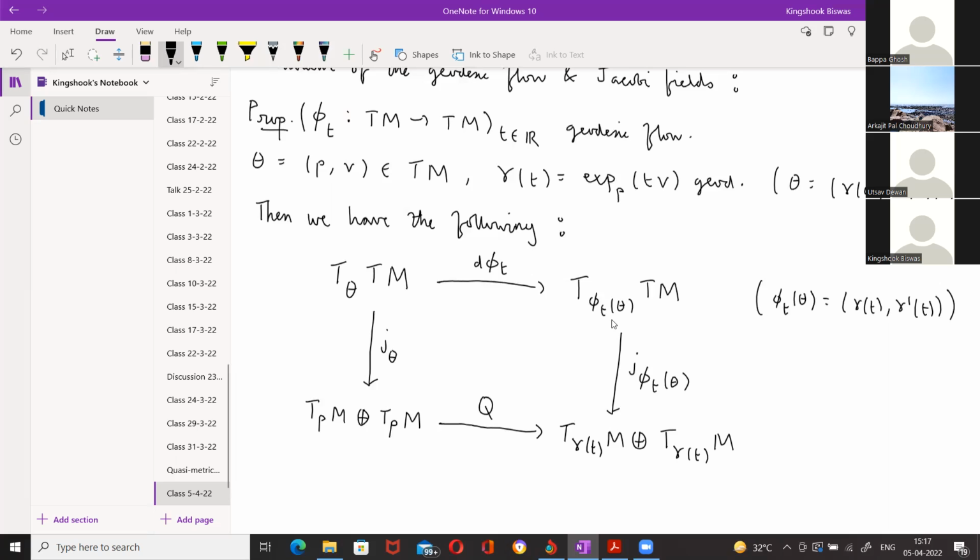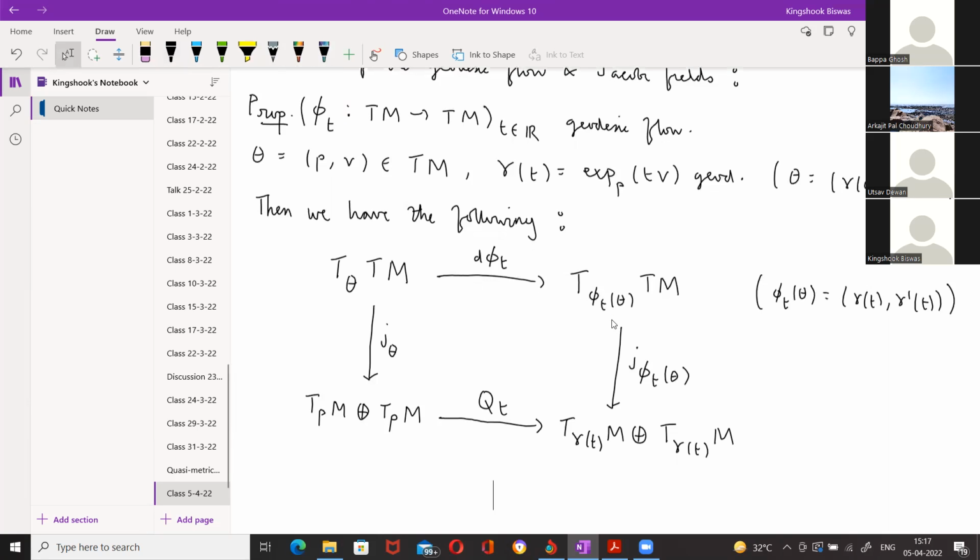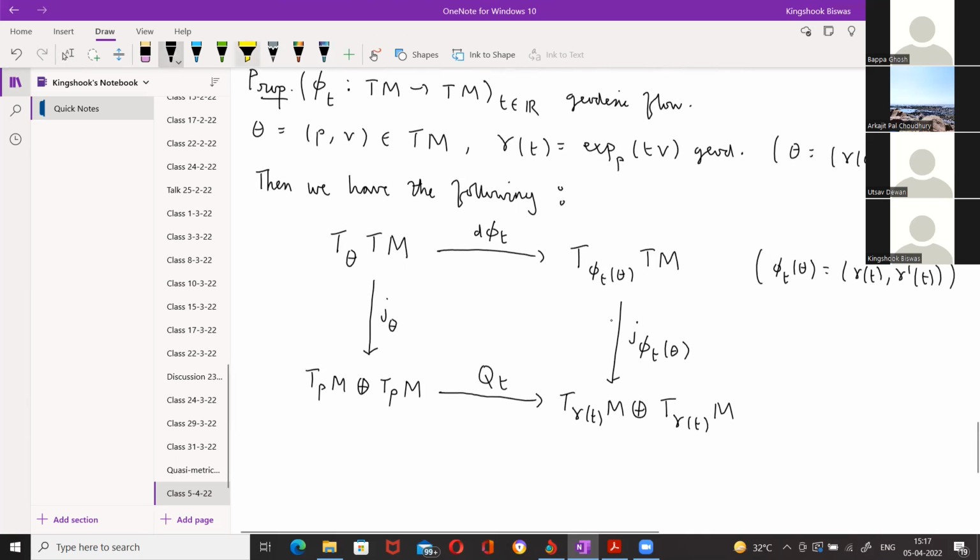Okay, fine. I can't think of a good word for it. Q_t. Okay. So the following diagram commutes. Where Q_t is the following map.